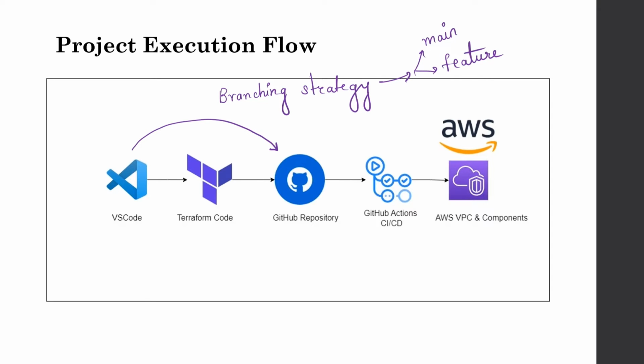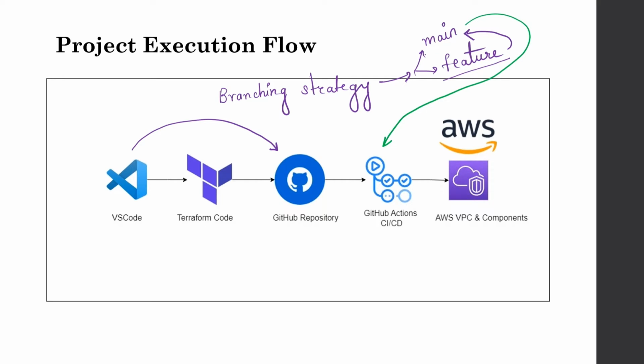First, we'll be deploying our code to the feature branch, and once we are confident enough, we'll push our code to the main branch. We'll be raising the PR and all such stuff. Once we push our code to the main branch, our GitHub Actions will get triggered.